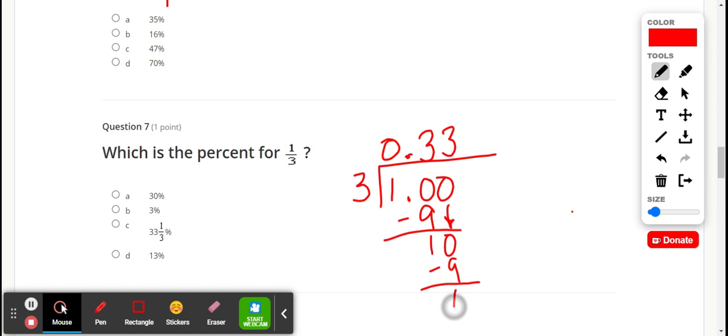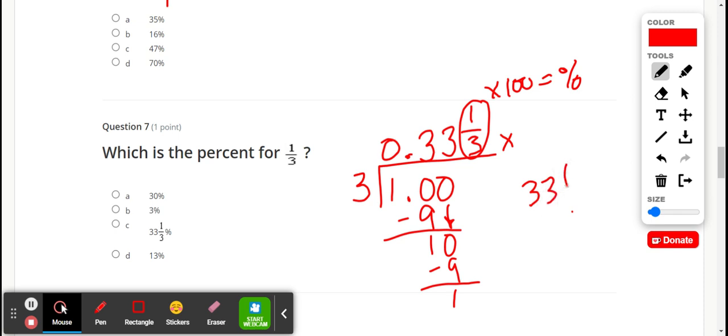And we subtract. So what's happening here is we keep getting a remainder of 1 when we're dividing by 3. So this is the decimal value. If you multiply this by 100, that is going to give you the percent. So this fraction left over is always going to be the remainder. So this multiplied by 100 is going to equal 33 1/3%.